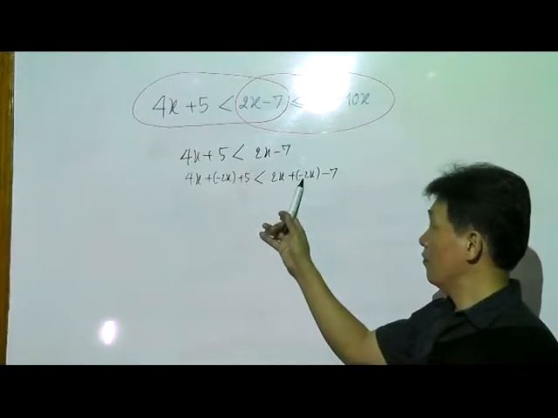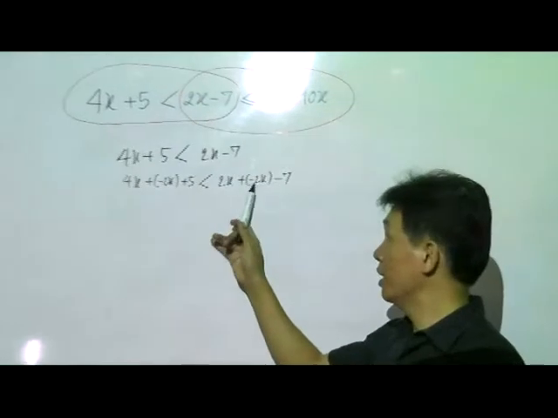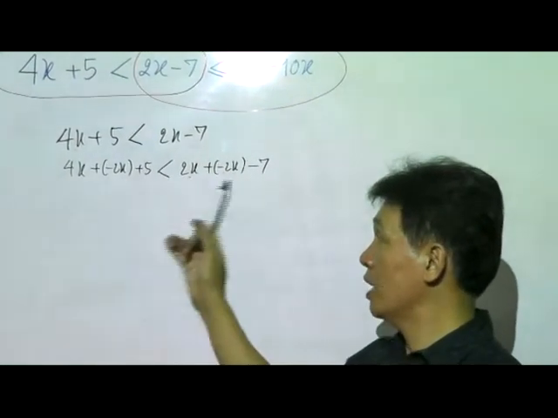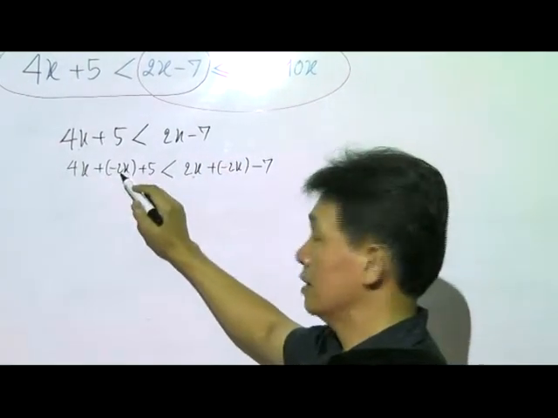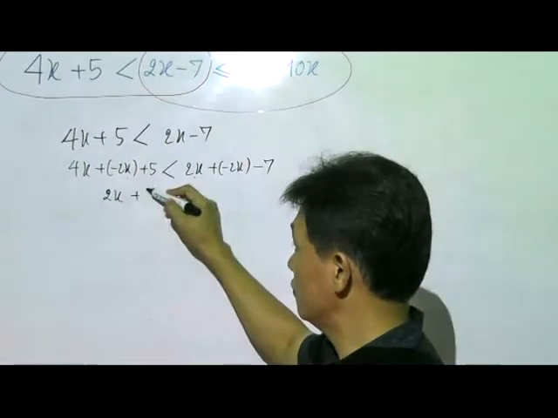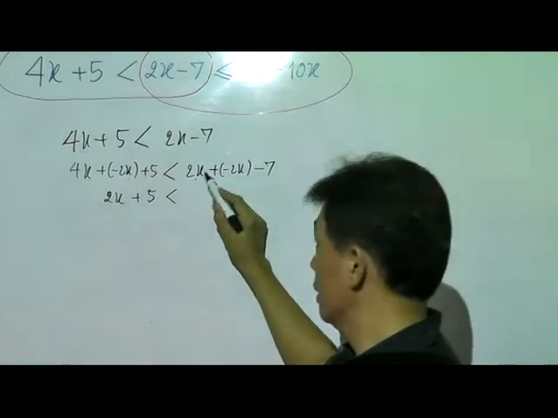I want to get this 2x on this side, so I add negative 2x to both sides of this inequality. 4x plus negative 2x is 2x, plus 5, less than 0.